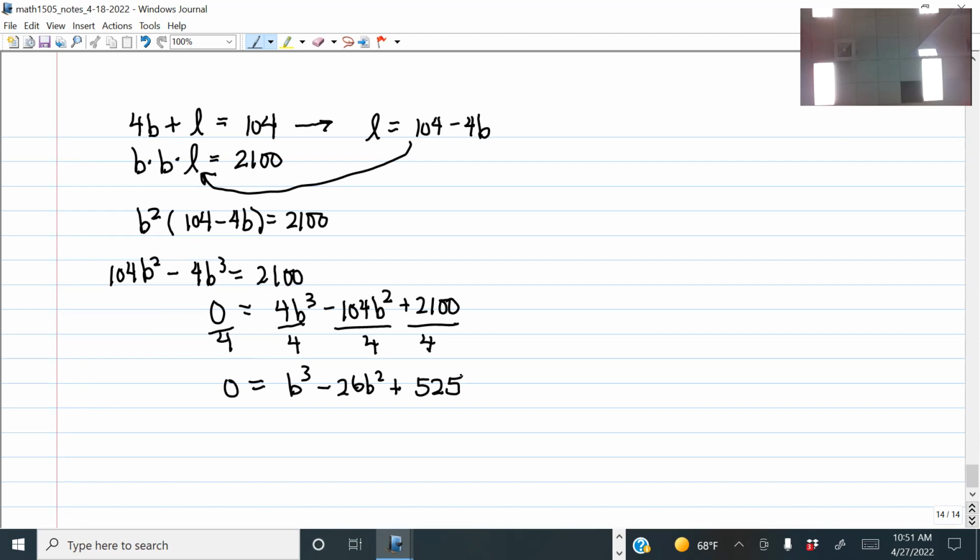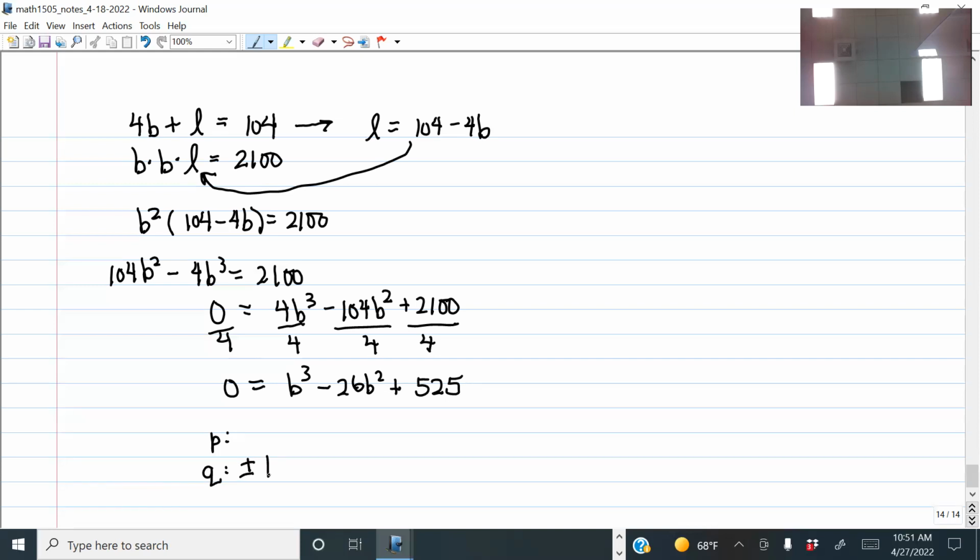Now, how do we look for our rational solutions there? Yeah, we have to write down the factors of 525, and then also the factors of the leading coefficient. That's one reason I wanted to divide everything by 4, to make that leading coefficient 1. So that's plus or minus 1.